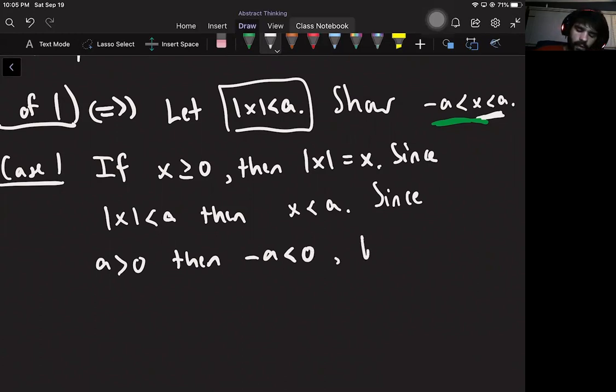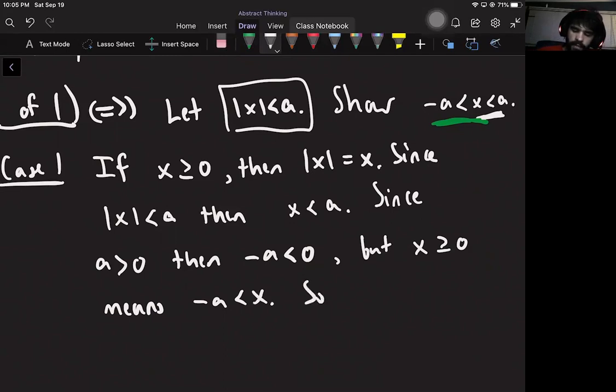But what kind of number is X? It's bigger than or equal to 0. So it's got to be bigger than a negative number. So immediately, negative A is strictly less than X.